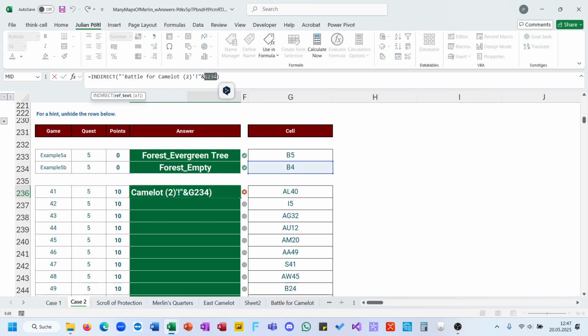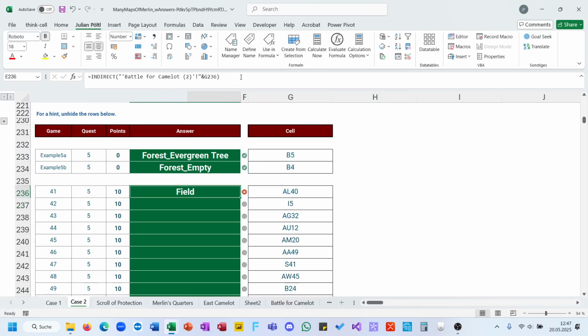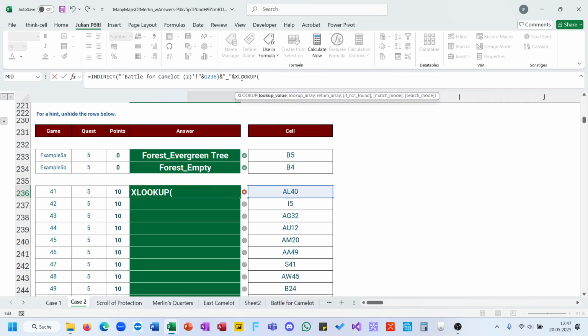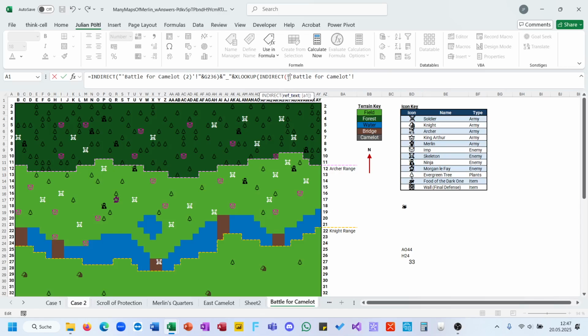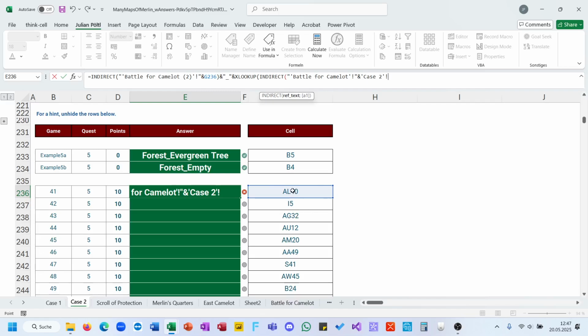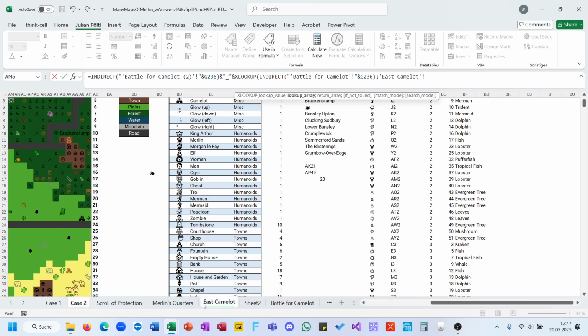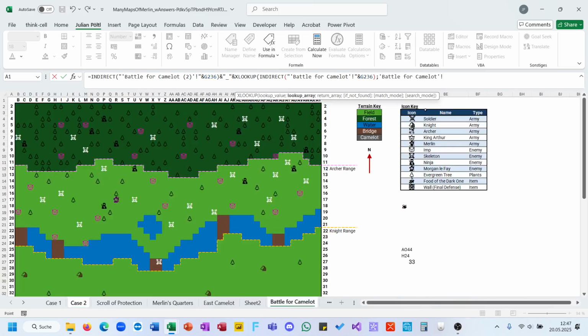Oh, sorry, this cell here, and underscore and XLOOKUP indirect and this cell here in this table here, returning the name.